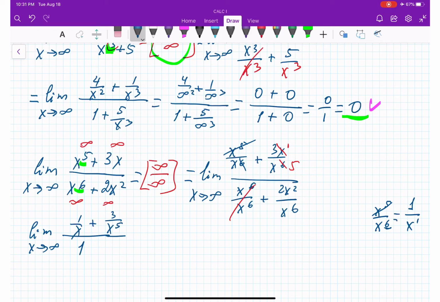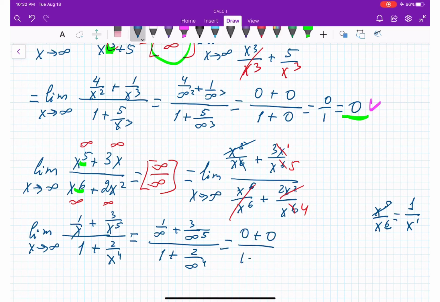And x squared is gone with x to the 6, it's going to be 4, because 6 minus 2 is 4. So we are getting plus 2 over x to the 4. And what is the result if I plug in? I'm plugging in 1 over infinity plus 3 over infinity to the power 5, over 1 plus 2 over infinity to the power 4. So I get 0 plus 0, over 1 plus 0. And the answer is 0 over 1, which is 0. All right?